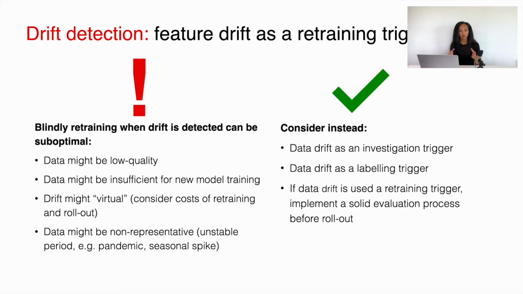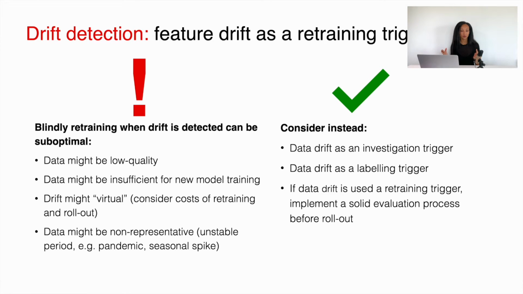Finally, I want to touch a topic of drift detection and using drift detection as the retraining trigger. There are some pros and cons of this idea, so let me elaborate a little bit on this. Personally, I would not recommend you to blindly retrain your model every time you detect drift, and here are some reasons.